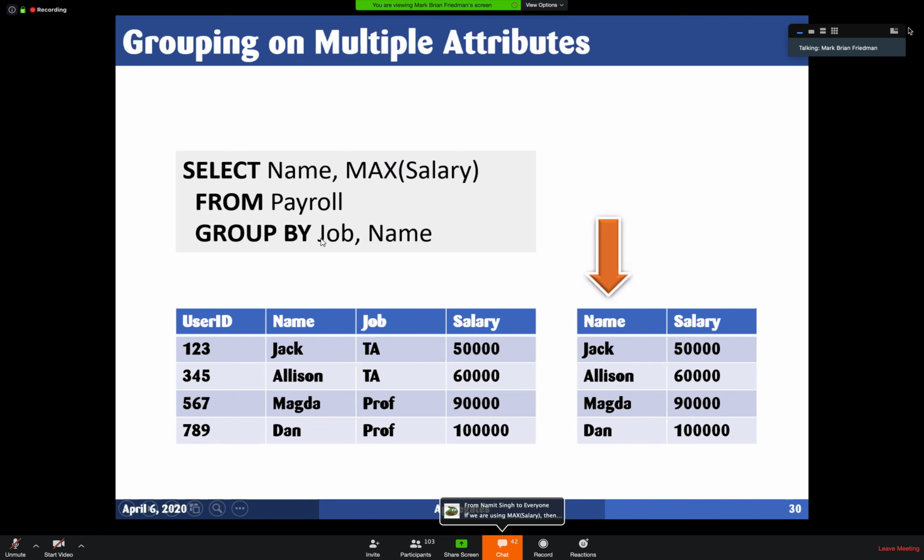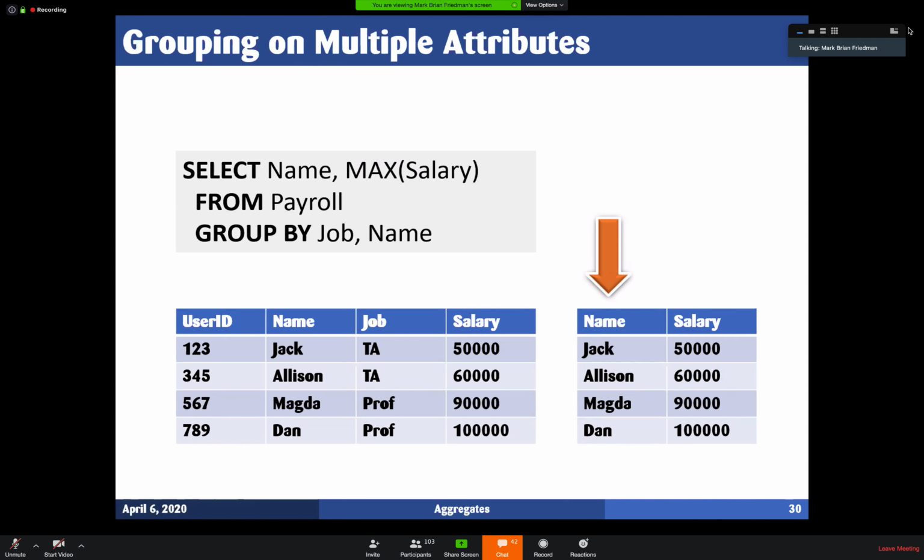If it's not in a group by statement, you cannot reference it in the select statement because it's dropped otherwise. So one of the ways of getting this other feature that you really don't care about is the max salary. The max salary for any name is going to be that salary.